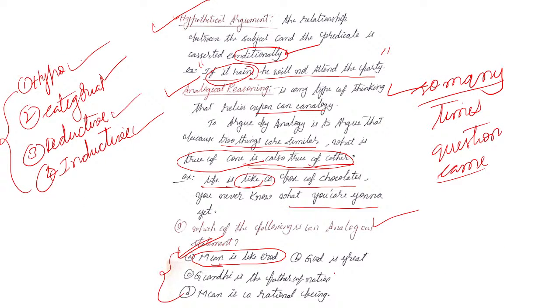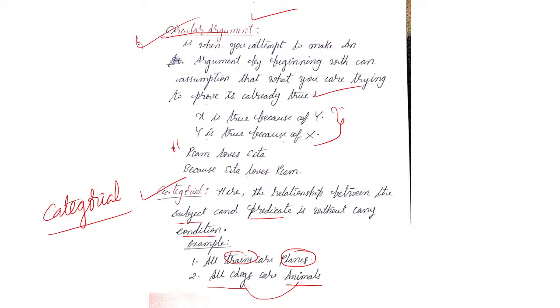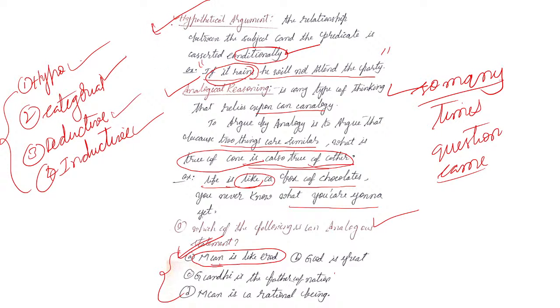We saw how many types of arguments here. First one is circular argument. Please remember what the structure is. Next, categorical argument. Here the relationship between subject and predicate is without any condition. All trains are planes. There is no condition. Next one is hypothetical argument. It is asserted conditionally. There is a condition in the statement. Next, analogical reasoning. Analogical means there is a comparison.